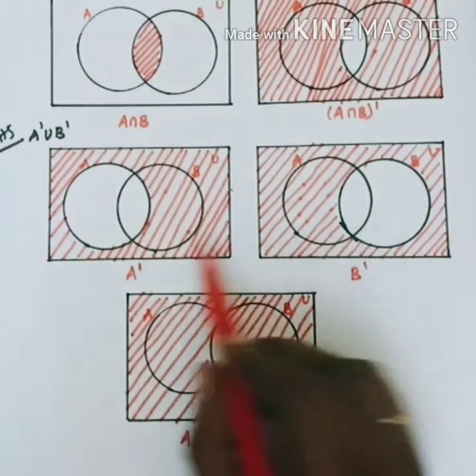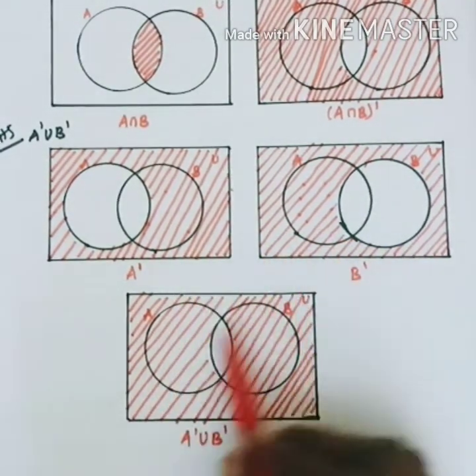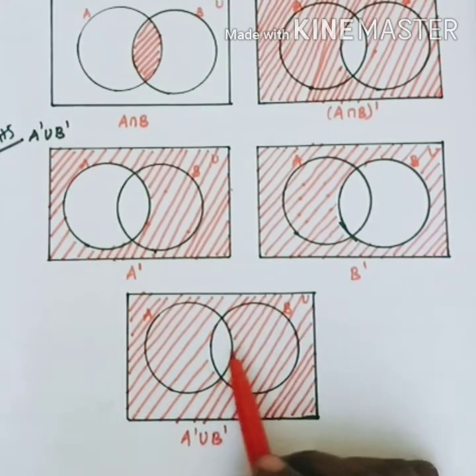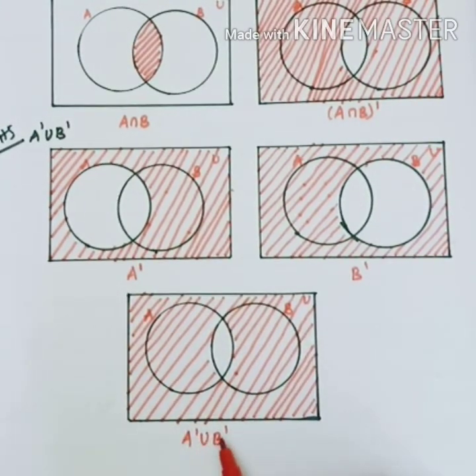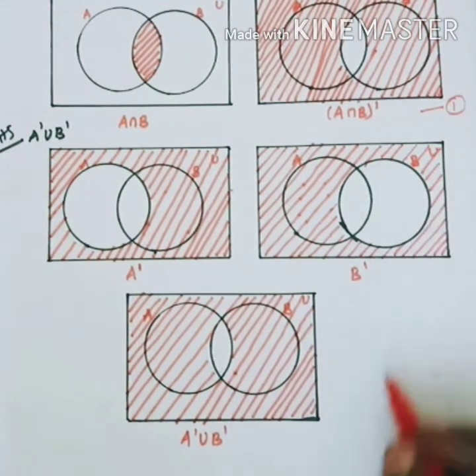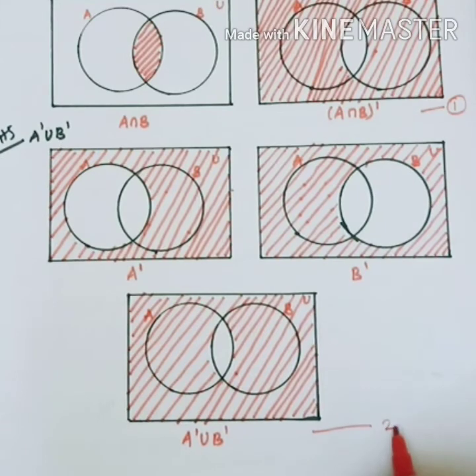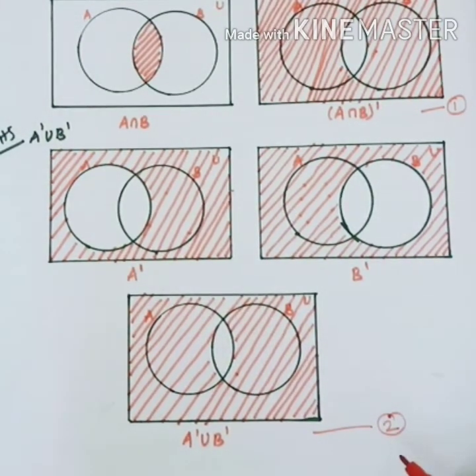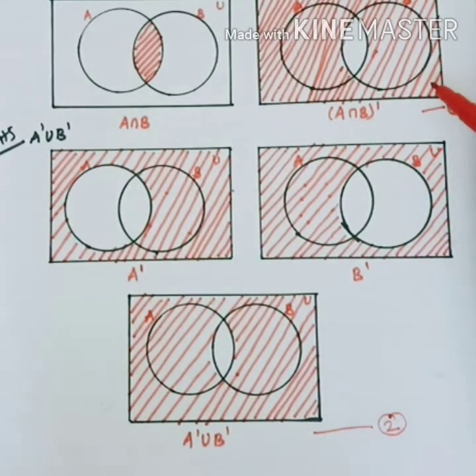So in the above two Venn diagrams, we have shaded these portions together. This is your A dash union B dash. This is the left hand side, Venn diagram number 1, and this is your right hand side, Venn diagram number 2. Clearly, from diagrams 1 and 2, both are looking the same, isn't it?